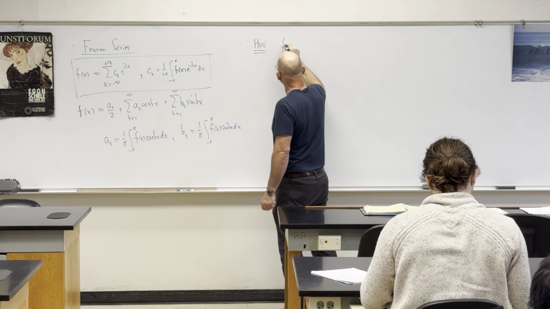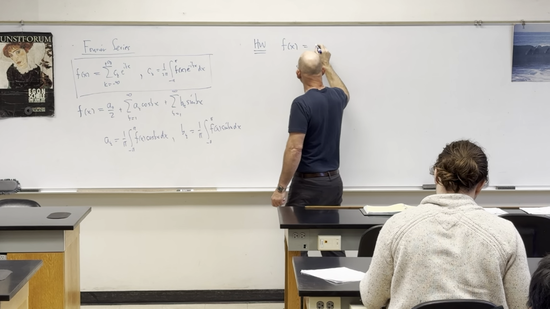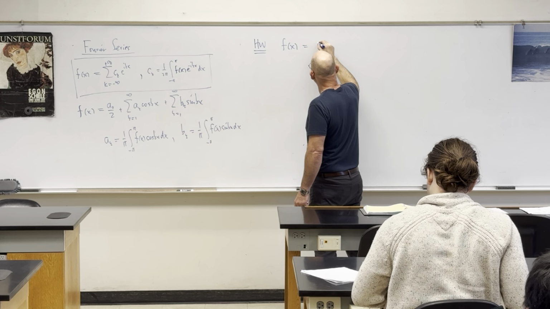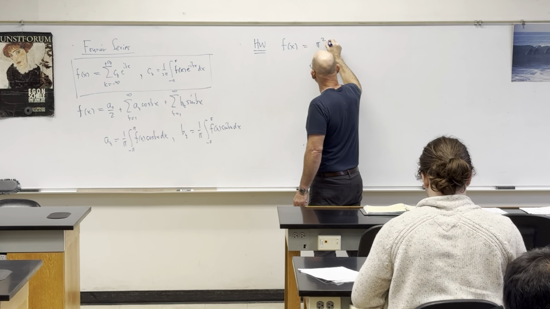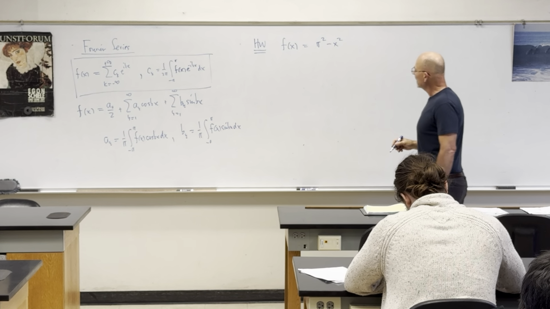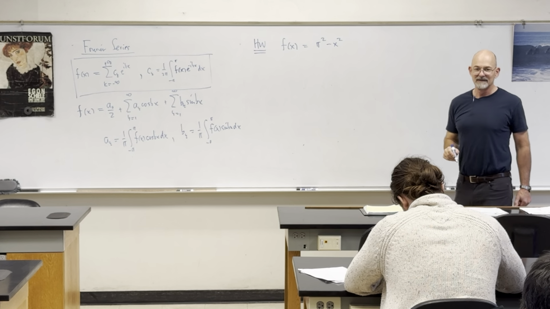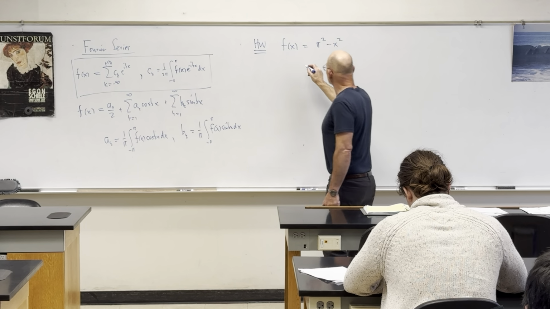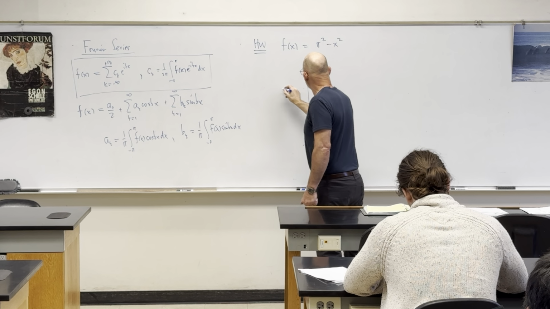We want to expand in a Fourier series f of x equals pi squared minus x squared. Why did I choose that? Nice and symmetric and has some good numbers. So let's look at the graph first of all.